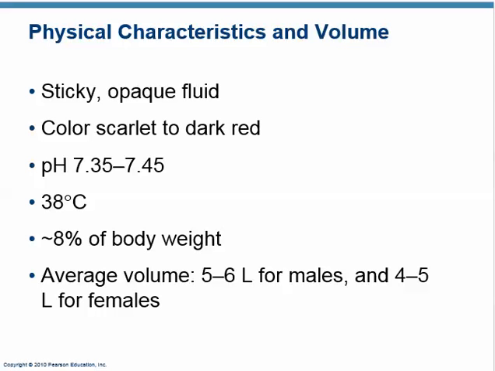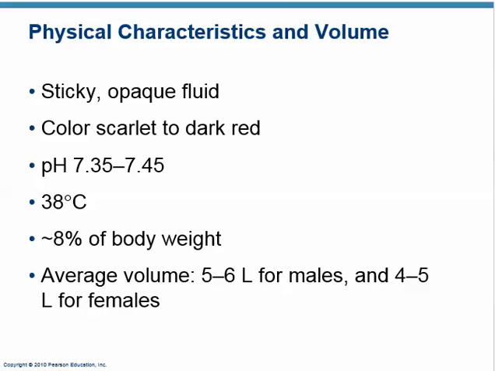The pH is kept in a very, very close range, 7.35 to 7.45. We're going to see later in the course when we talk about acid-base balance how it's maintained in such a tight pH range. Blood's also slightly warmer than body tissue at 38 degrees.